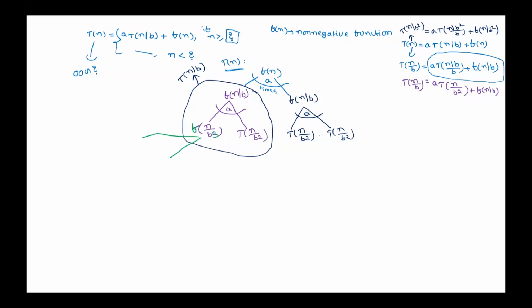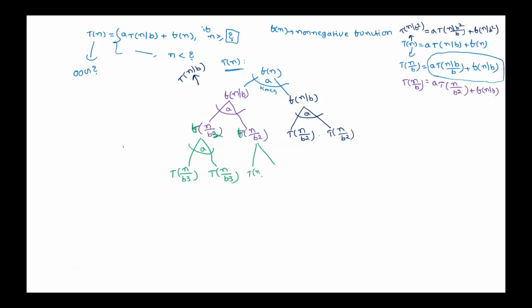No, this one. Yes. And these are a subproblems of n by b cube size. Let me write it below this. So it is T of n by b cube. Like this, a times again T of n by b cube. Is that okay? Yes. So similarly, if we expand here also, what do we get?